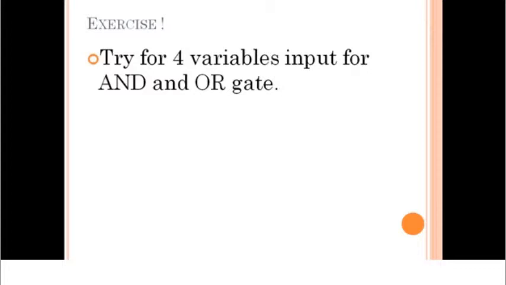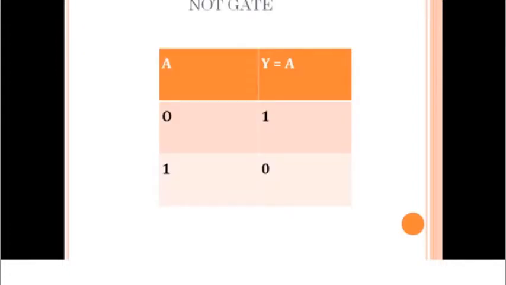Okay, let's take on the NOT gate, a unique gate. The NOT gate is telling us that if it is not this, it's the opposite. Another name for NOT gate is inverse gate. That is opposite. That's what it means.